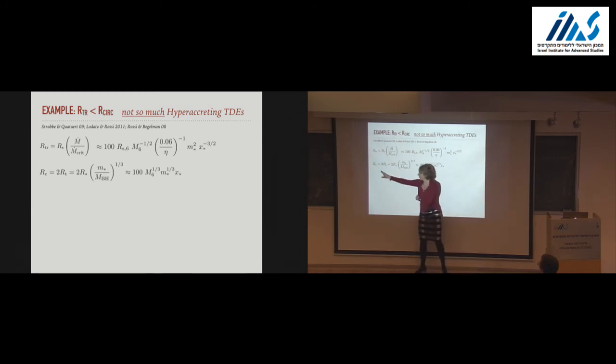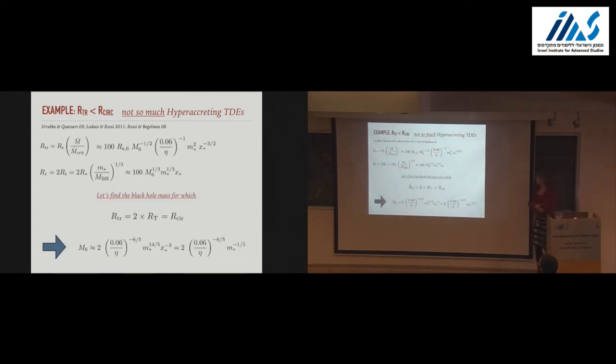The circularization radius we saw last time for TDs is twice the tidal radius, which is around 100 Schwarzschild radii. And so if I ask for which mass of the black hole the circularization radius is equal to the trapping radius, the answer is 10 to the 6. So this is a critical mass.